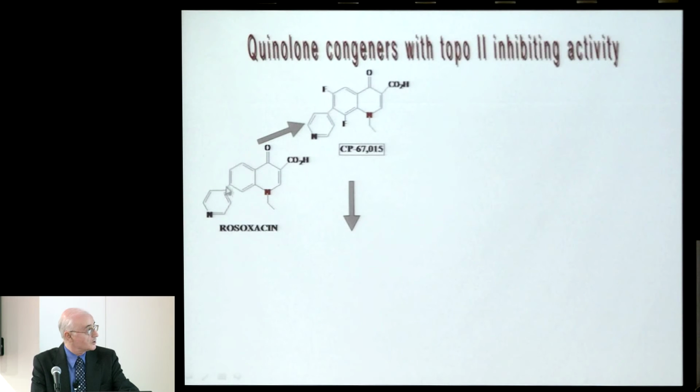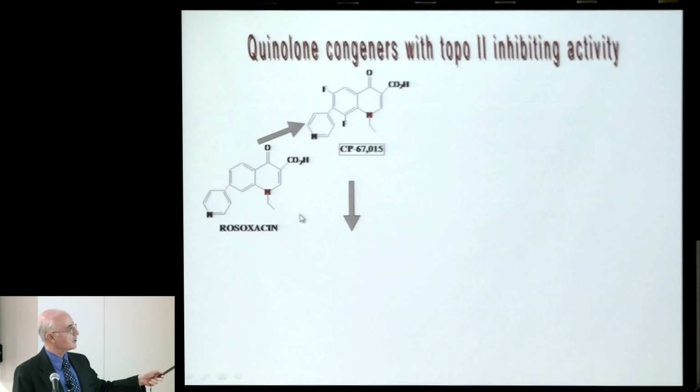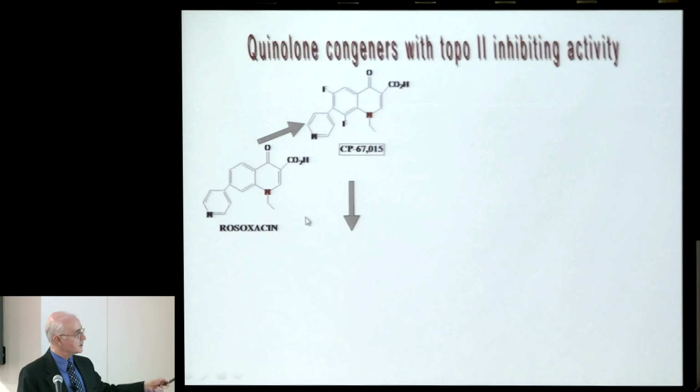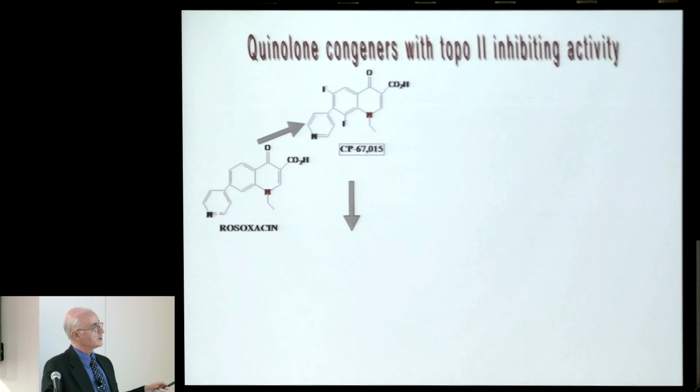Usually the one which kills bacteria has, in this location, an alicyclic amine, a type of hexahydropyridine. And here there is also a fluorine involved. So one fluorine and a saturated alicyclic system are necessary for making a molecule which can kill bacterial topoisomerase.